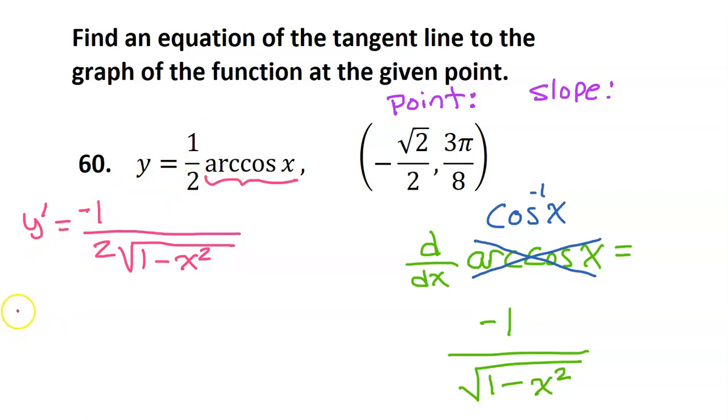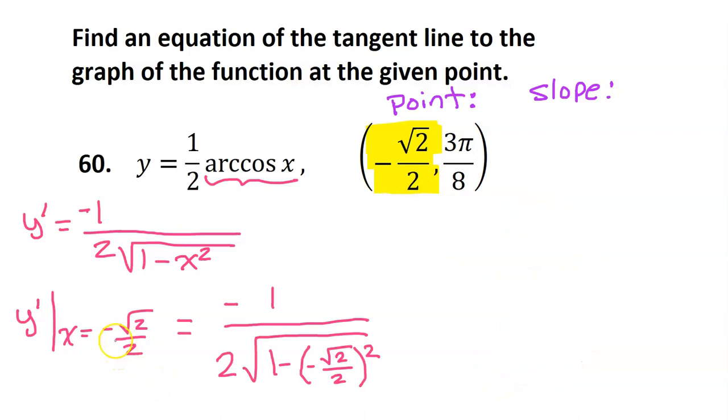Now I want to evaluate the derivative at the x value of -2 over 2, because that is the x value of the point of tangency. So this will give me the slope of this function at this particular point.